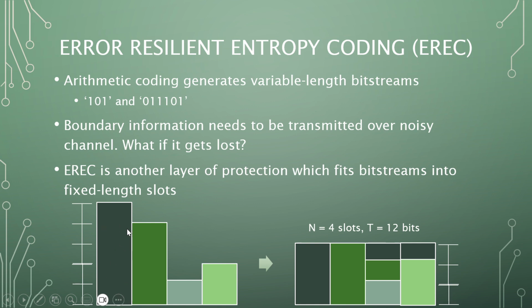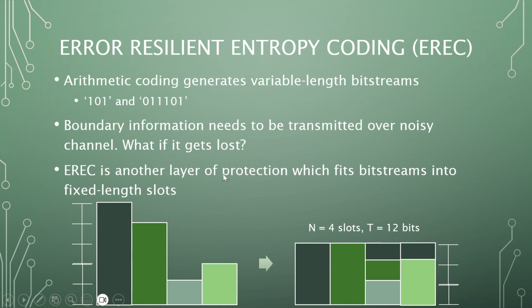If the very later bits become corrupted, there's not that much of a change in the probability, and therefore the decoded symbol will still look similar, if not exactly the same. So even if the decoder loses information on where, let's say, this dark green bit stream ends, and it assumes it ends over here, yes, it lost these parts, but these are the high frequency components which aren't as impactful.